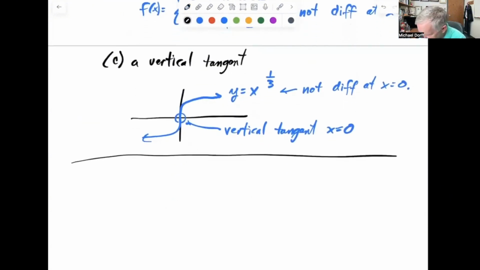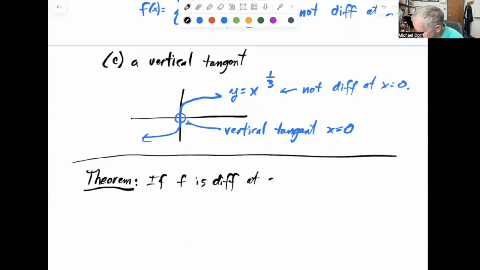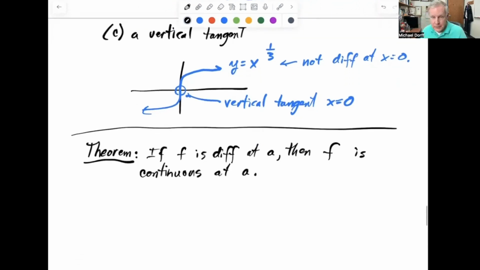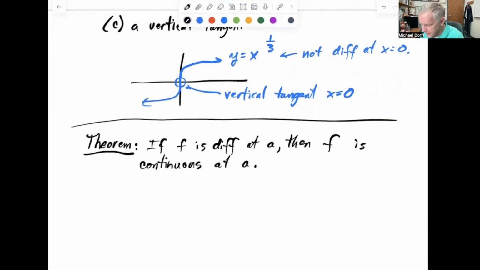Some results here are called theorems. One important theorem is that if f is differentiable at a point a, then f is also continuous there. I'm not going to prove this here, but you can find it in the book and in lots of other sources.